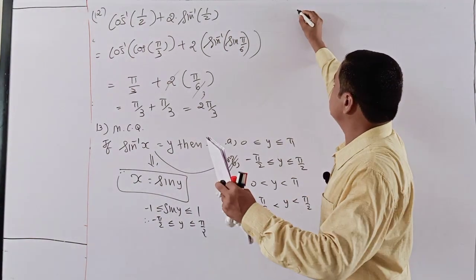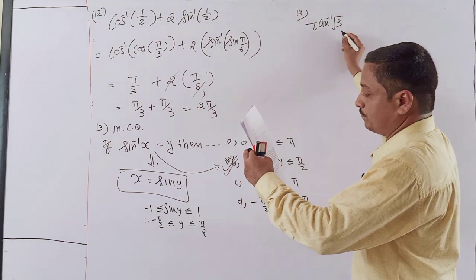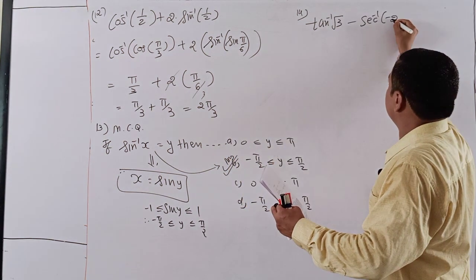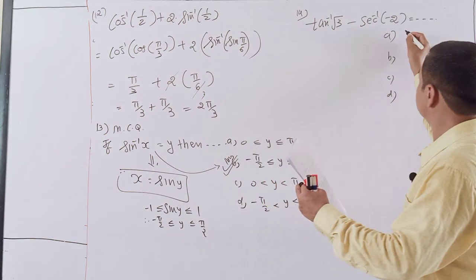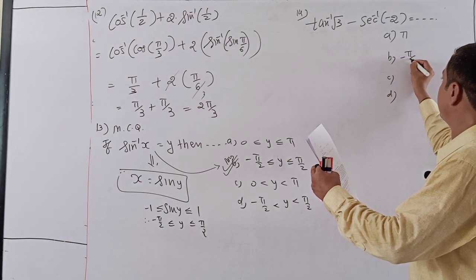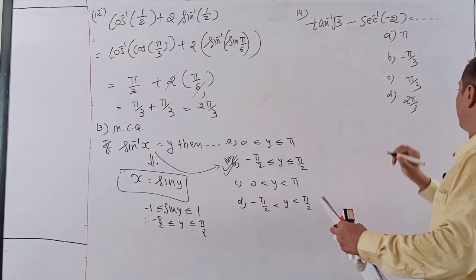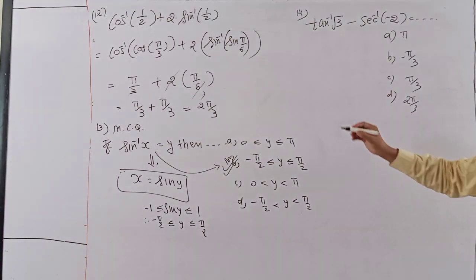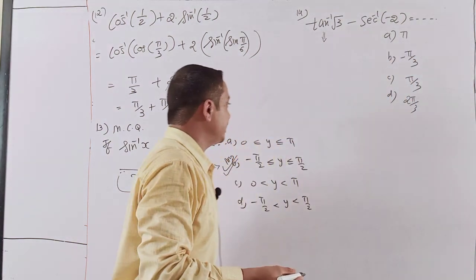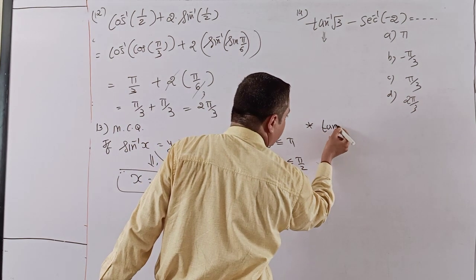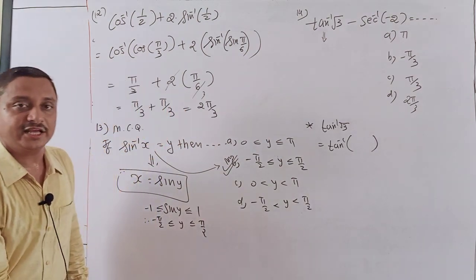Also MCQ type question. Tan inverse root 3 minus sec inverse minus 2, and asking further solutions by the four options: pi, minus pi by 3, pi by 3 and 2 pi by 3. So students, first of all look at that tan inverse root 3 solution. After that sec inverse minus 2 solution I explained. So tan inverse root 3. You know that when tan is root 3, yes, it is 60 degree.